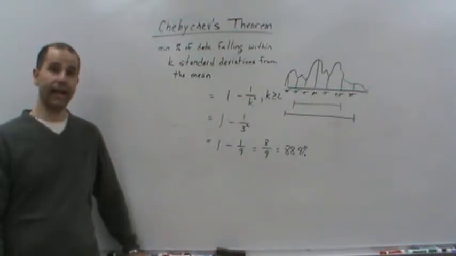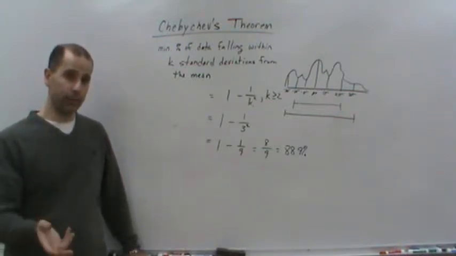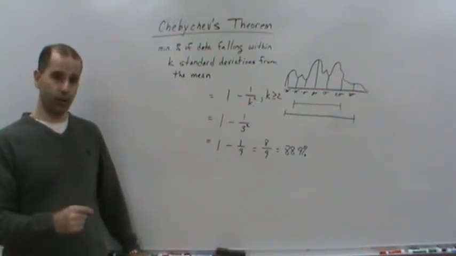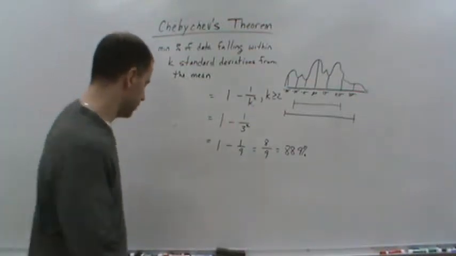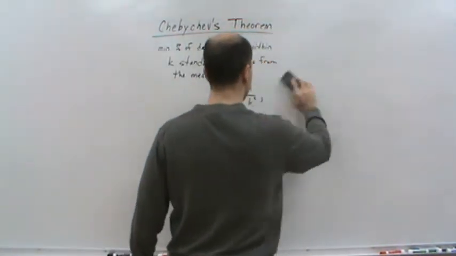Does that change things? The answer is yes, it does. If you know, at the very least, that the population is bell-shaped and symmetric, then you can apply another rule and be more accurate. So let's consider that. What happens if you have a bell-shaped and symmetric distribution?